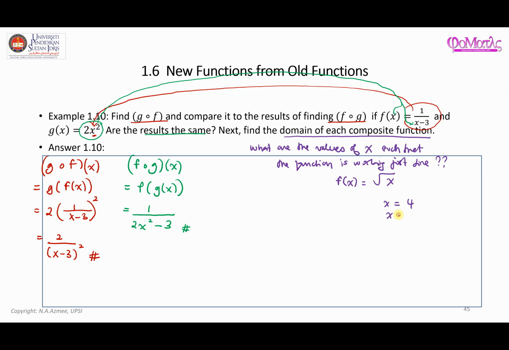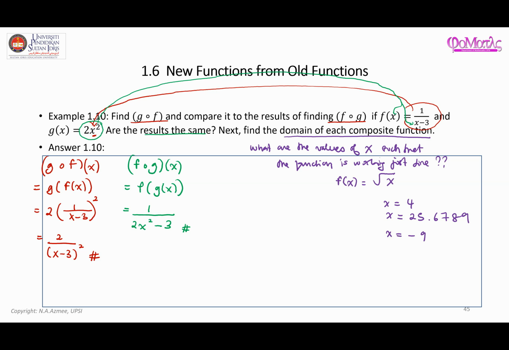If x is equal to, I don't know, 25.6789, whatever the value is, you can still get the square root of this number. No issue on that.